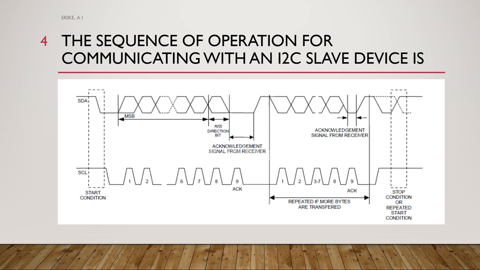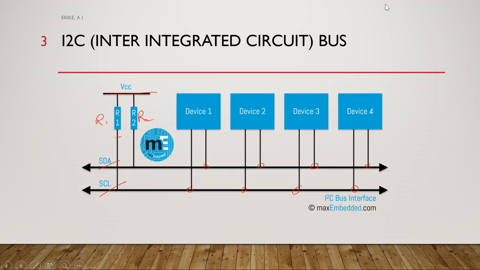So the inter-integrated circuit bus is actually a synchronous, bidirectional, half-duplex, two-wire serial interface bus.